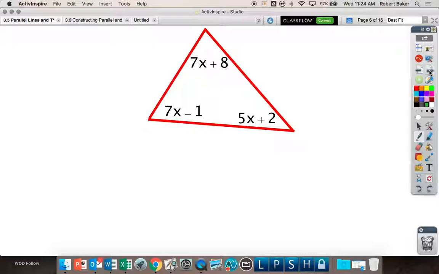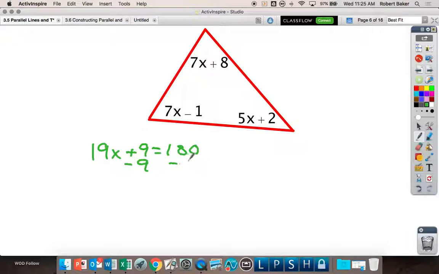Efficiently. 7 x's, 7 x's, and 5 x's make how many x's total? Add all the x's. Combine all the numbers: 7 minus 1 plus 2. So taking a mental step to write our first algebraic step: combine all the letters in our head, combine all the numbers in our head, and write our algebraic expression.